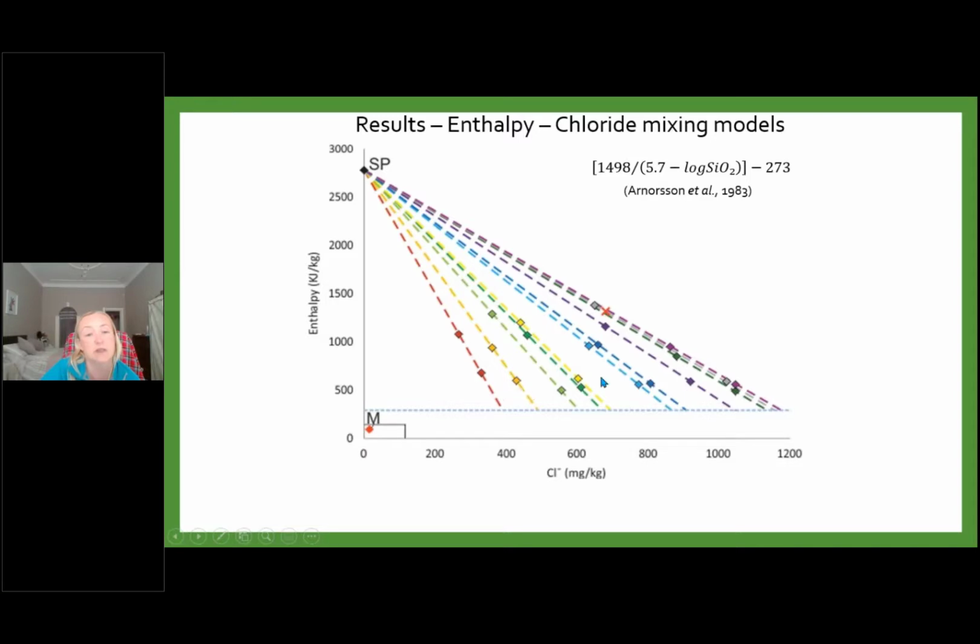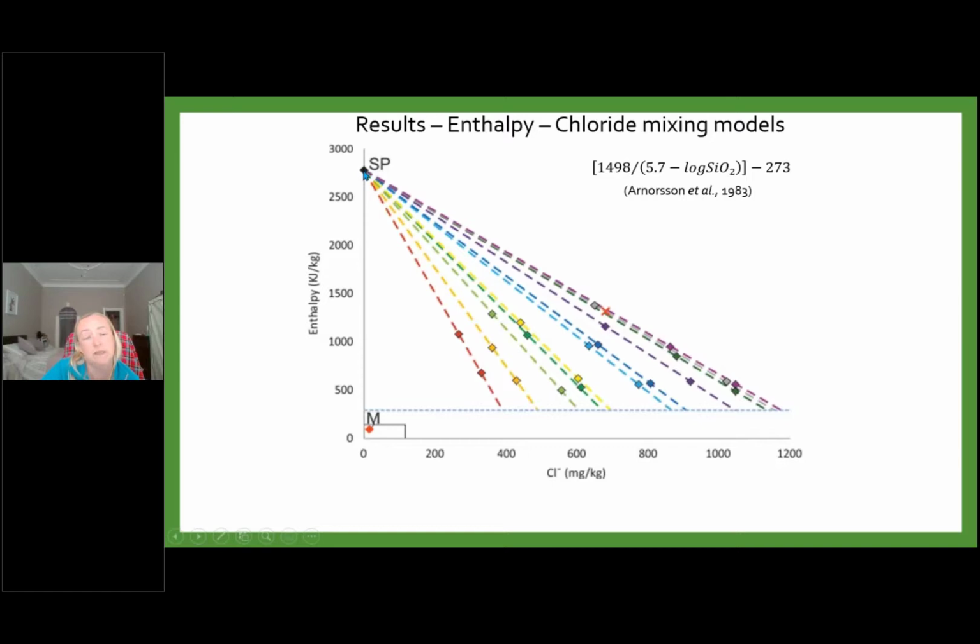So these bottom values are your wellhead values, and these are your calculated reservoir values. And to do this, I've used the Arnórsson et al. 1983 silica geothermometer, using the silica values collected, calculating the temperature, converting that to the enthalpy and plotting it.